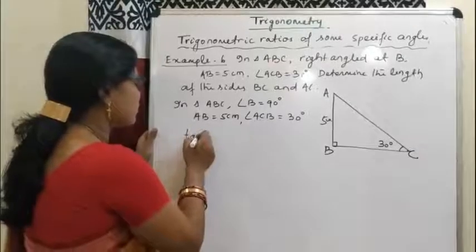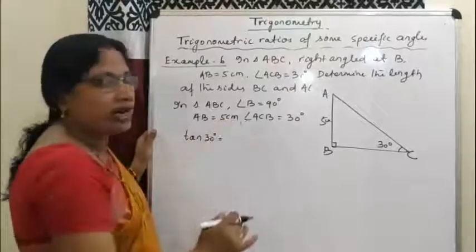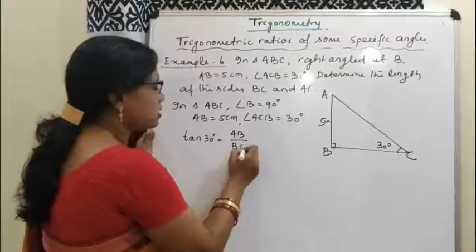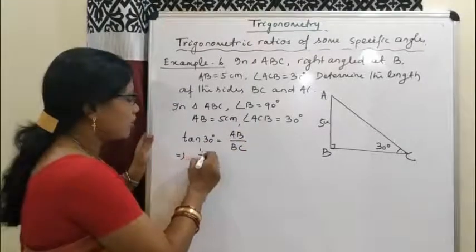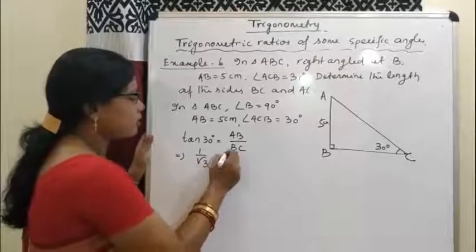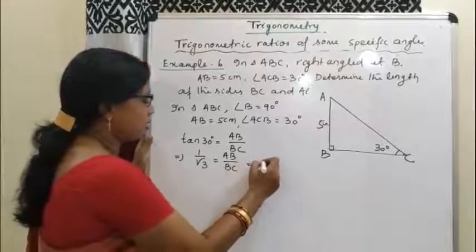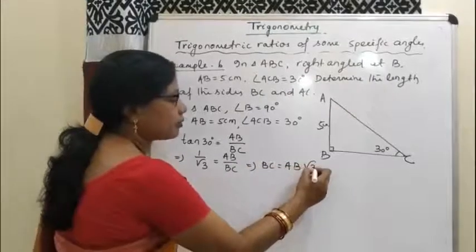Tan 30 degree is opposite over adjacent, that is AB by BC. Tan 30 degree is equal to 1 by root 3, which equals AB by BC. So this implies BC is equal to AB root 3.